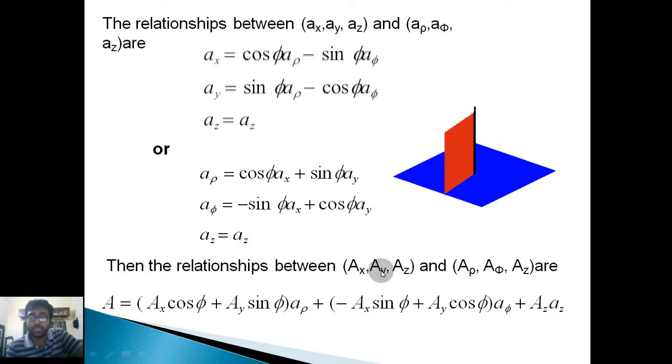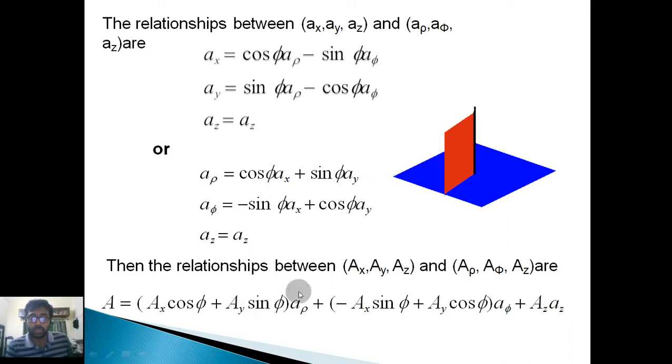This is the relationship between the Cartesian coordinate system and the rho phi z cylindrical coordinate system. A suffix x cos phi plus a suffix y sin phi is equal to a suffix rho, minus a suffix x sin phi plus a suffix y cos phi is a suffix phi, and a suffix z is equal to a suffix z.